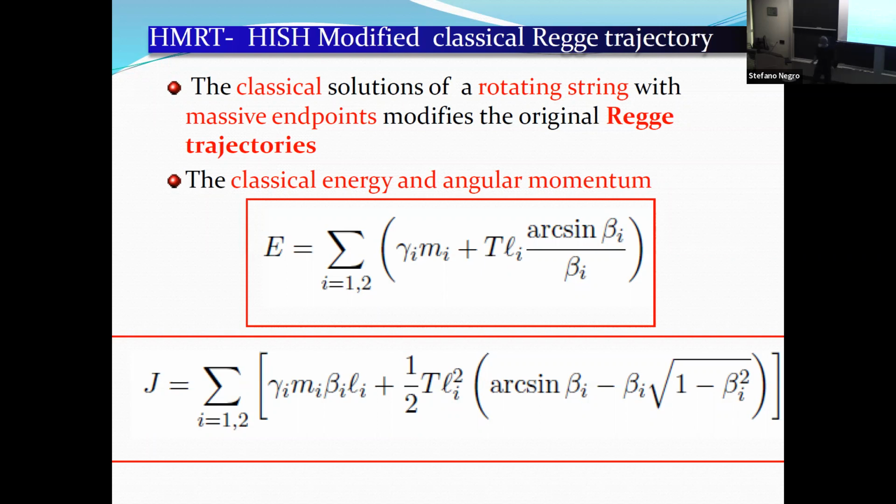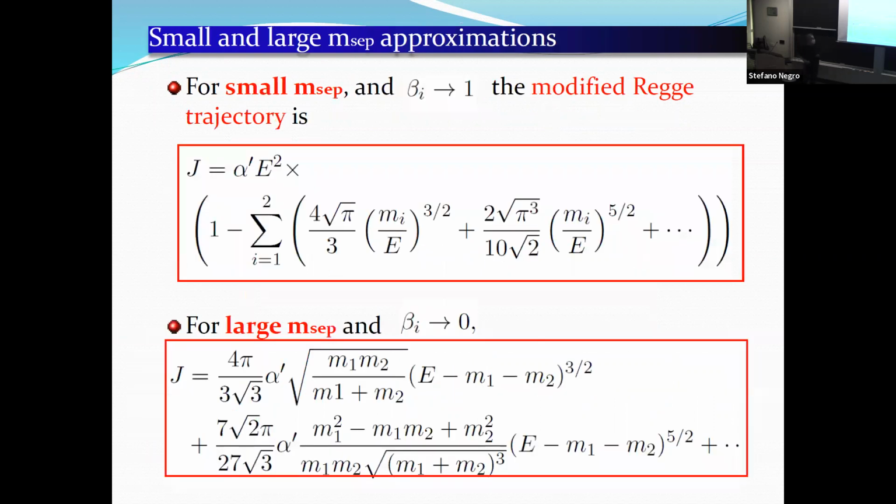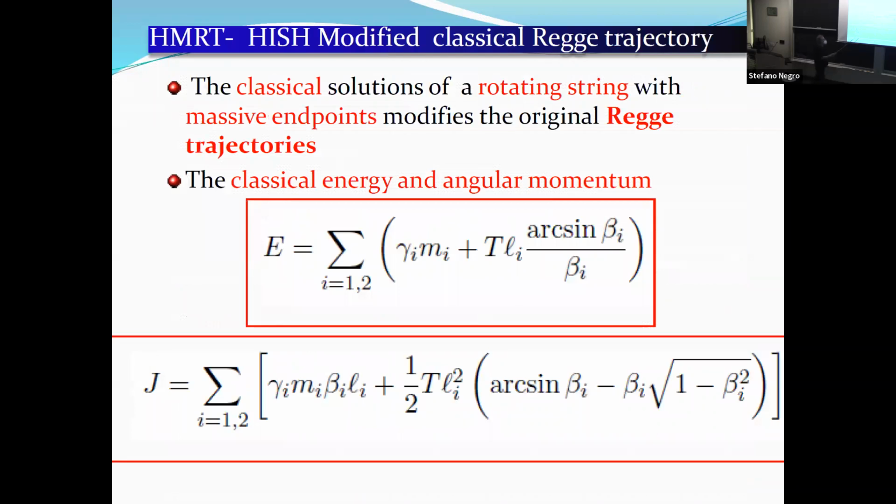So what was the Regge form? The Regge form was that J is proportional to alpha prime, the slope, times the mass squared, or the energy squared. Now this expression is based on eliminating the lengths from one equation and plugging it into the other, but this cannot be done in general.